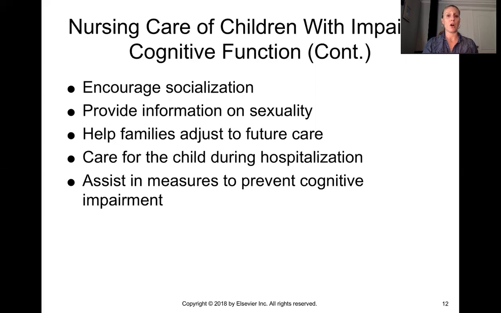Cognitively impaired children are frequently the victims of sexual assault because the perpetrator doesn't believe that they'll be able to adequately communicate what has happened. So we want to give them simplistic tools to utilize, but it's still very important to have those conversations.